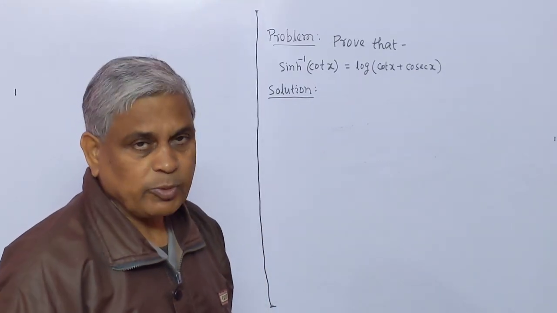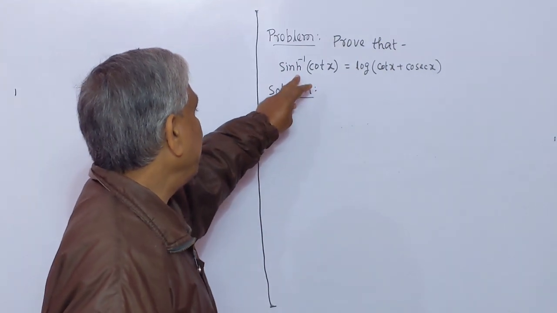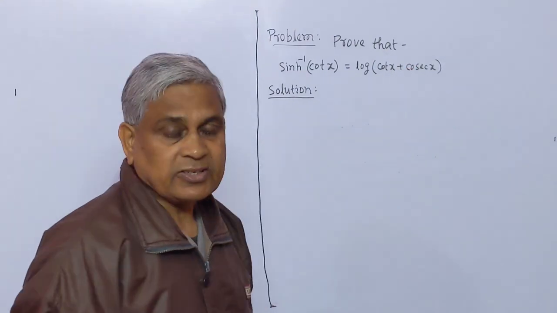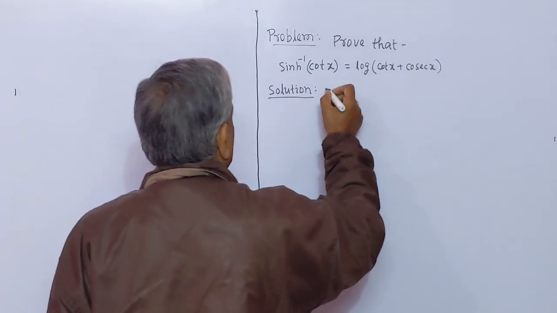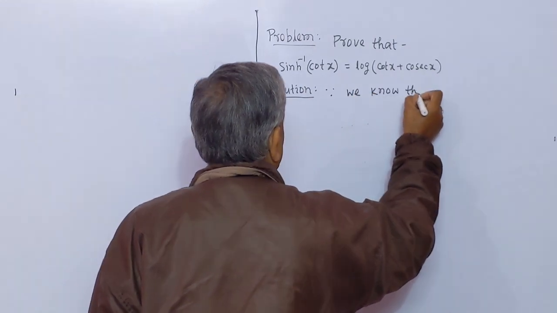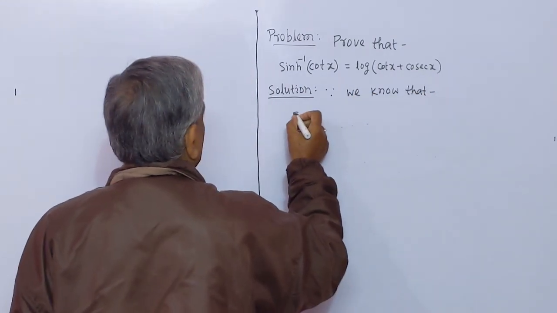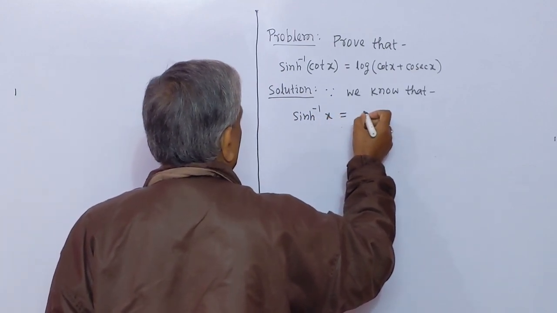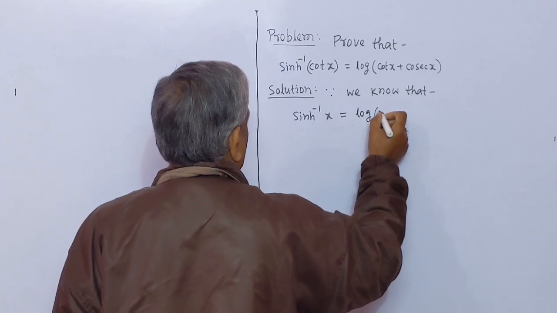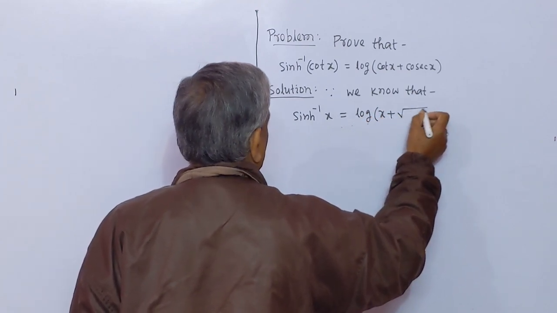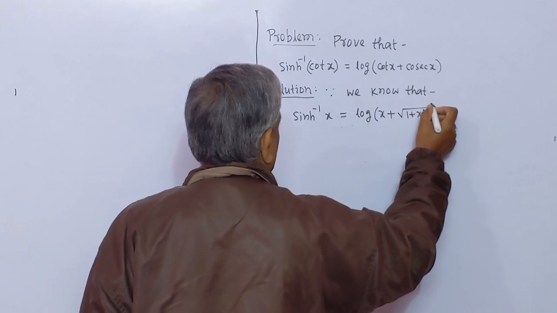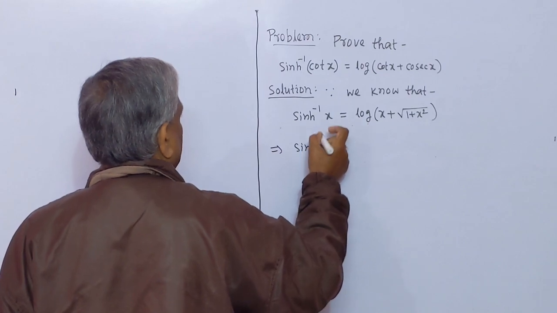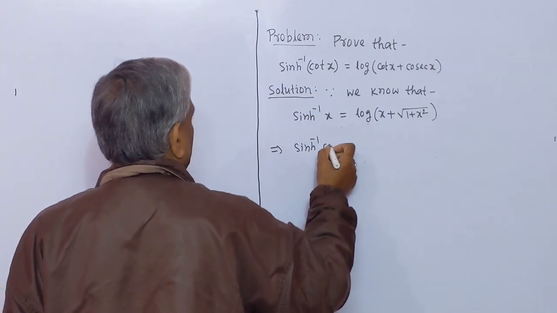Now we solve the next problem. Next problem is prove that sinh inverse cot x equals log of cot x plus cosec x. Since we know that sinh inverse x equals log of x plus square root of 1 plus x square, it implies that sinh inverse, in place of x we write cot x.